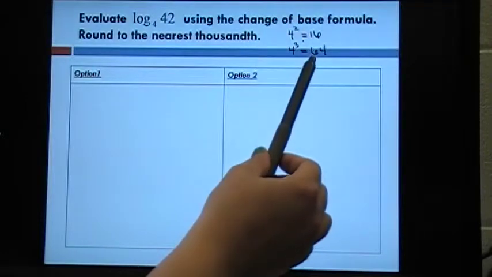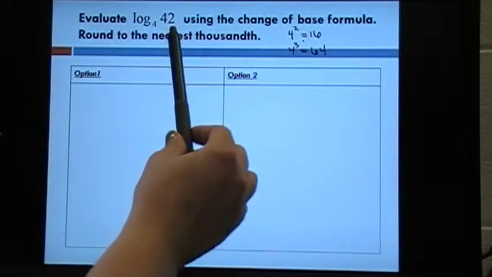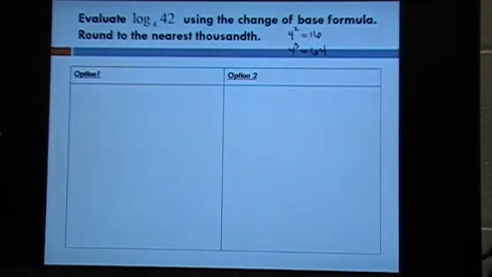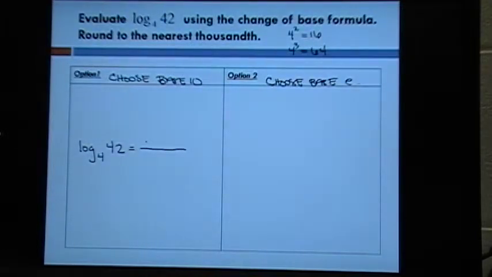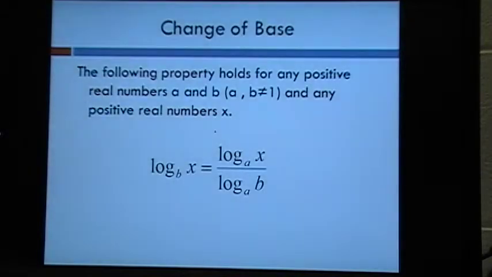I can, however, find this using the change of base. And if you want to be able to use your calculator, then you would need to choose a base of 10 or choose a base of e. So if we want to find the value of log base 4 of 42, then if I did base 10, that would be the log of 42 divided by the log of 4, using my change of base formula.